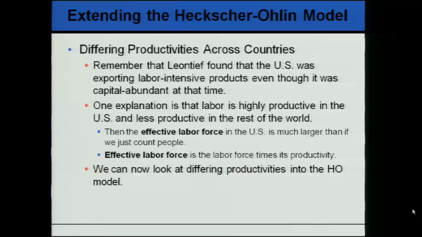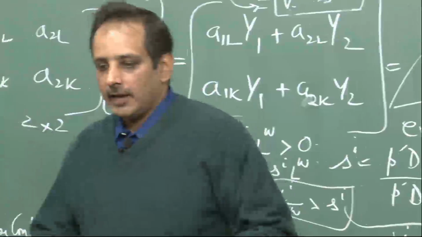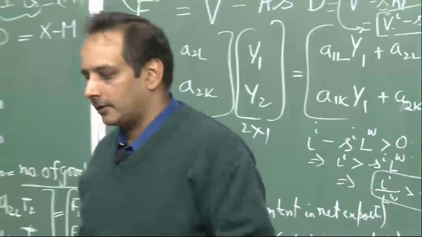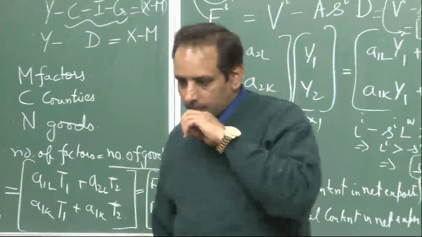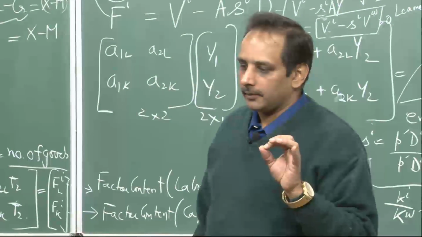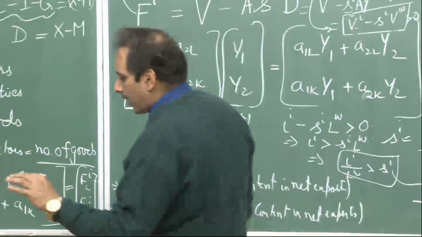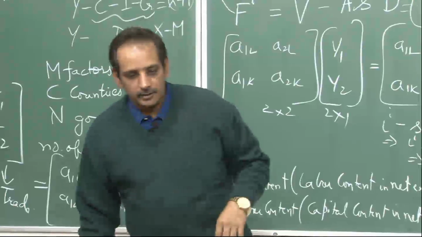Now, how do you take into account these different productivities? You need to work out the effective labor force, which is the labor force multiplied by its productivity. We need to work out the effective R&D scientists, and to work that out, we need the R&D spending undertaken by each scientist multiplied by the total R&D scientists.